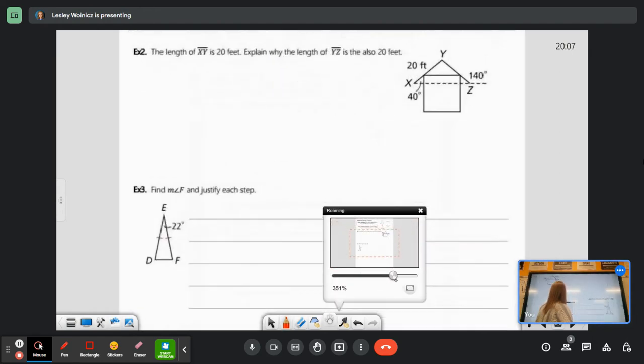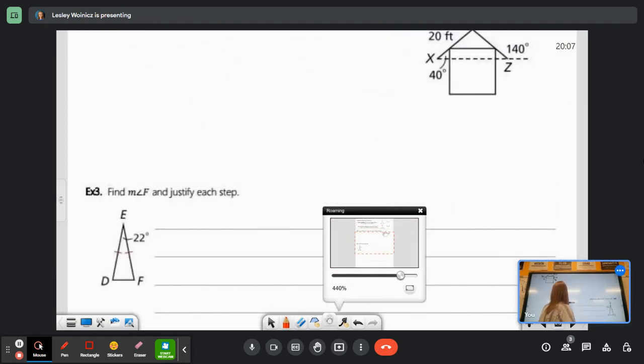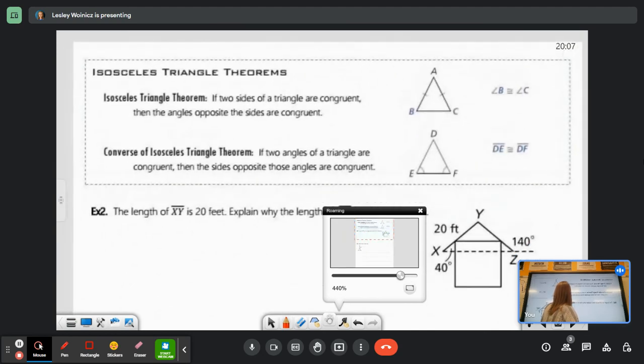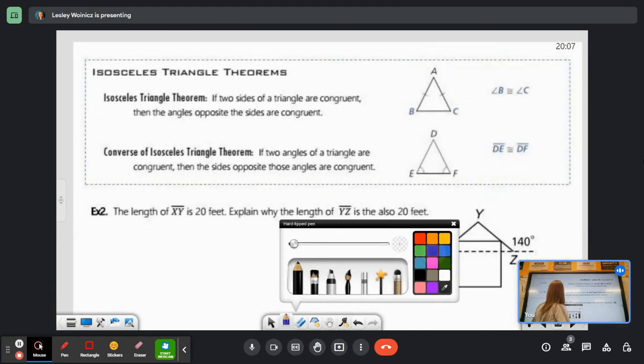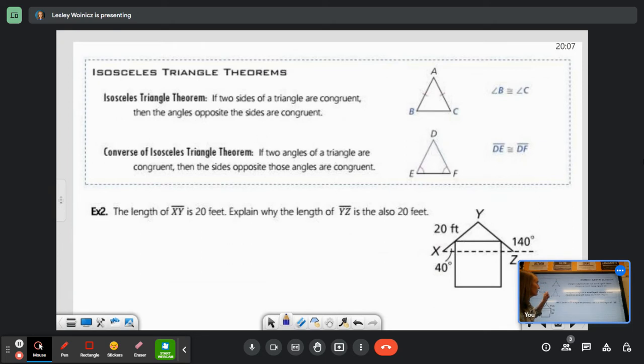All right, we have another pair of theorems. Got more theorems than we can shake a stick at. These two are about isosceles triangles. The first one is that if two sides of a triangle are congruent, then the angles opposite the sides are congruent.